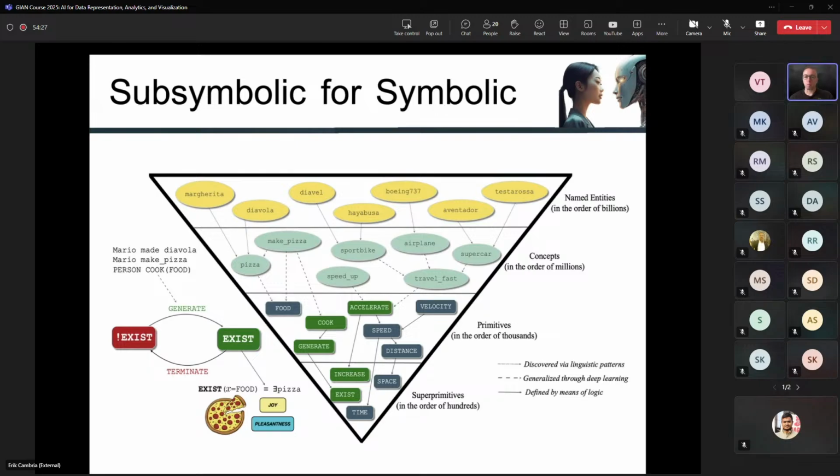So first, it depends on what you're doing and how you define that super primitive. For example, I've been part of some simple projects where people were trying to build a semantic hierarchy only based on the is-a relationship.